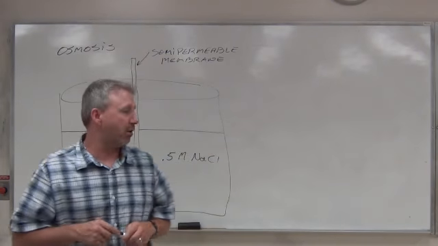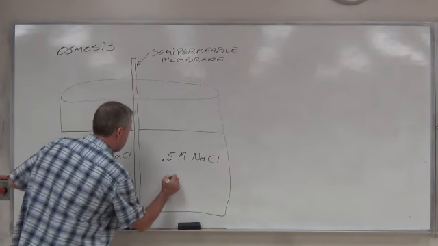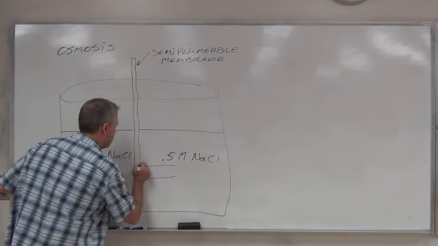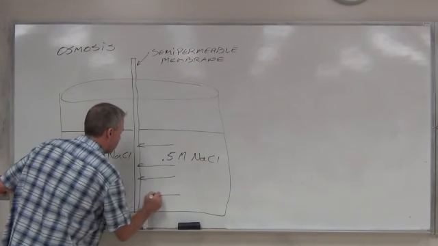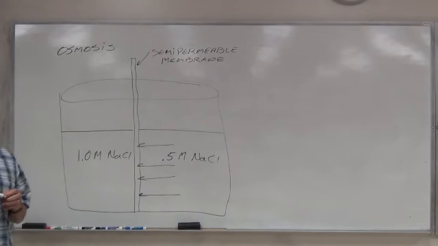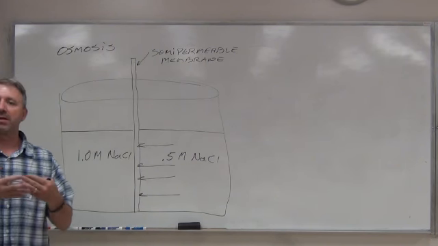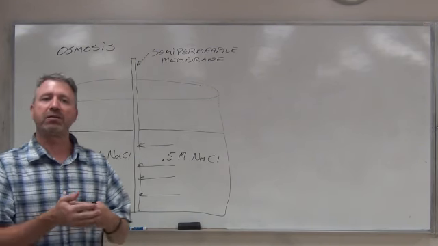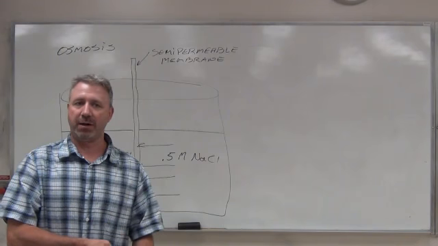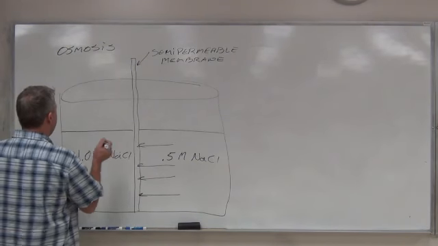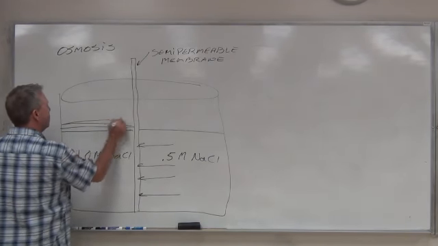So water will flow across this membrane because there's a concentration gradient with respect to water across the membrane. Water will flow and this will begin to rise.